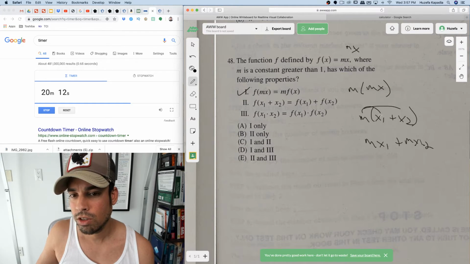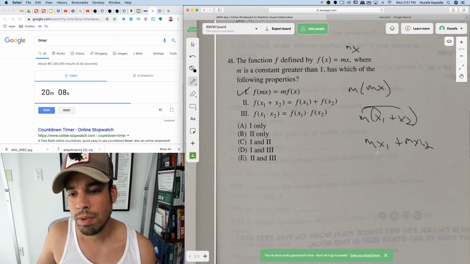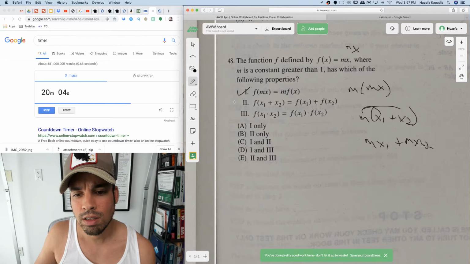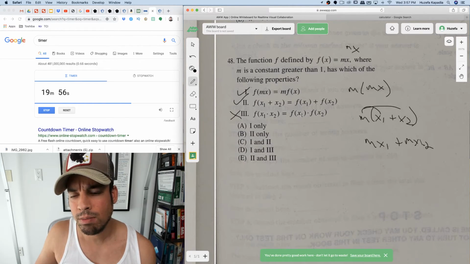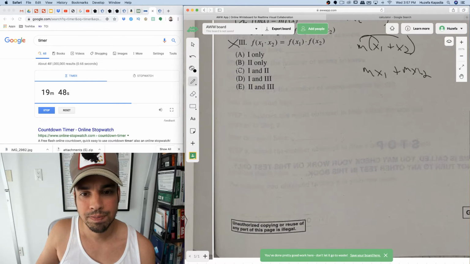Oh, what did I just do? I think that's all right, which is the same as f of x1. I think this is okay too. This would be mx1. This one's wrong, because this would be m squared x1, x2, and this would be m x1, x2. So it's 1 and 2 only. It's a pretty tricky question.